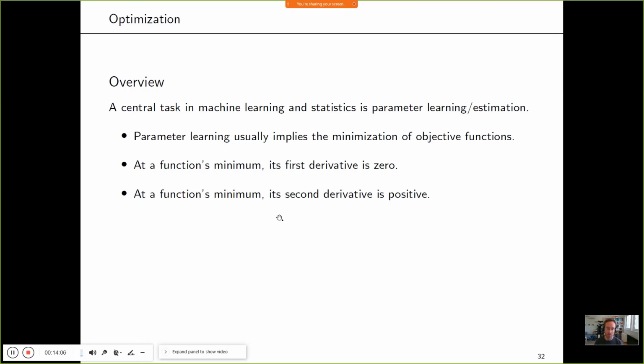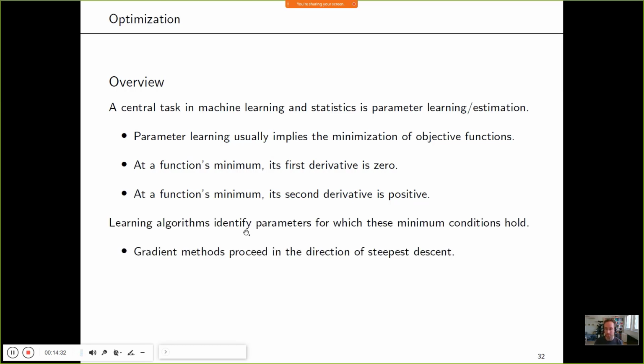So the easiest thing that you can do is basically try out all possible parameters and look for the parameter or input values of a function that give you the function minimum. However, usually evaluating all of parameter space is a little bit costly. So what's preferred is a method that automatically finds parameter values that minimize the function.